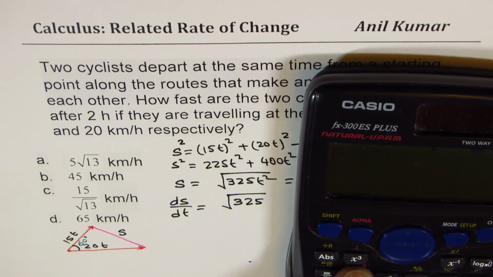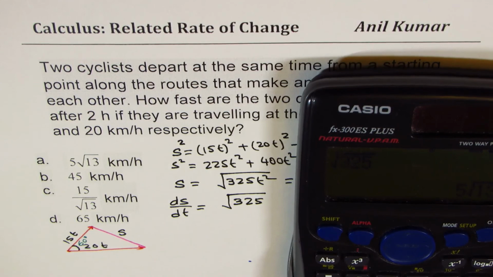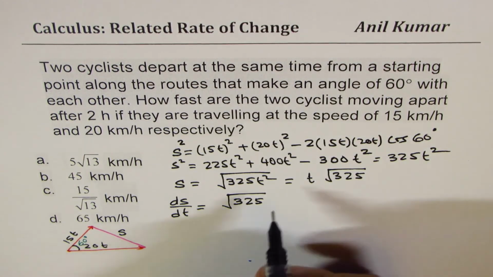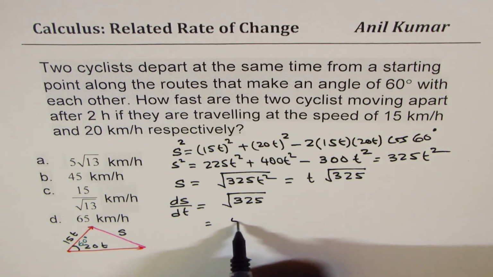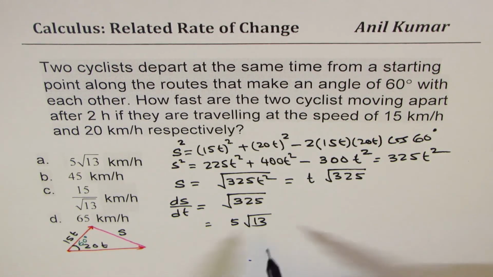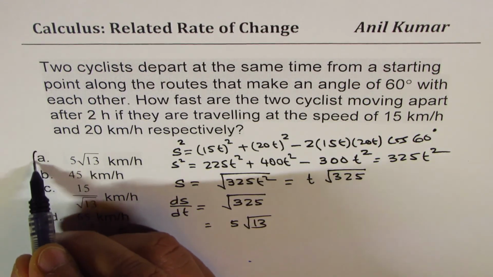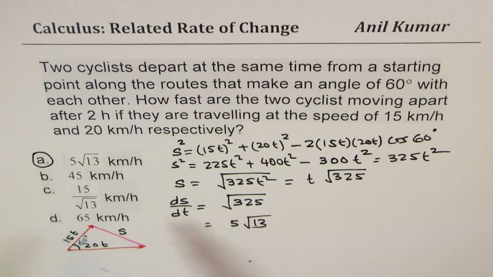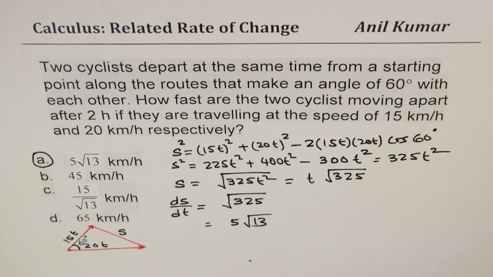Square root of 325 is equal to 5 square root 13. So that gives us 5 square root of 13, right? Since it is independent of time, we get our answer as A, which is 5 square root of 13 kilometers per hour, right? So that is how it could be done.